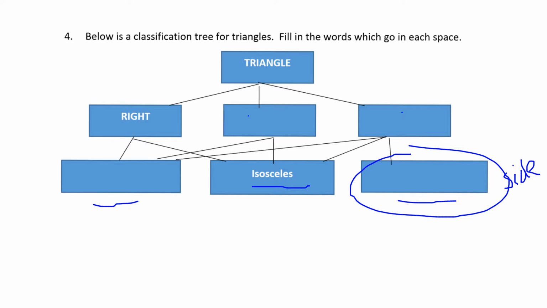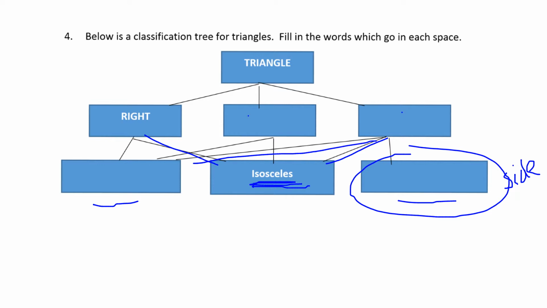equilateral. So we know that the equilateral can only be made by one type of triangle, and the equilateral can only be made by an acute triangle. So you see this isosceles here actually is being made by multiples. It's being made by this one, and this one. So that's not actually terribly helpful for us.